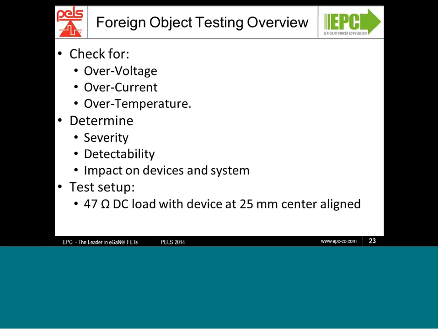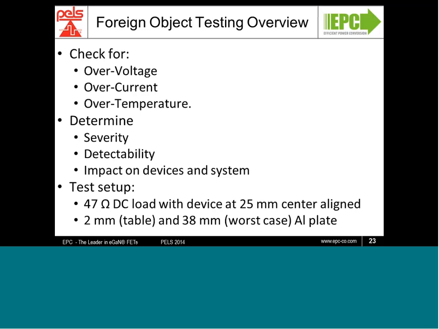In our test setup, we will use a fixed DC load resistance of 47 ohms with the device board placed centrally over the source coil, 1 inch from the source coil. And then we'll have 2 test conditions, one where we introduce a solid aluminum plate just barely above the source coil. In other words, we're trying to completely shunt out the source coil.